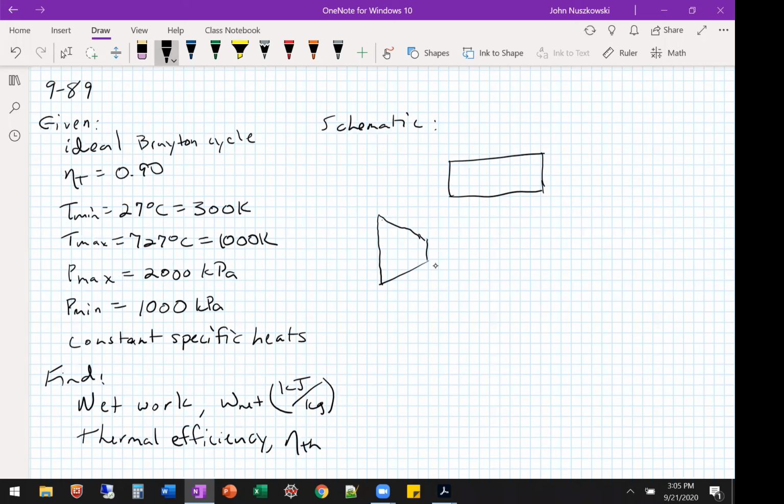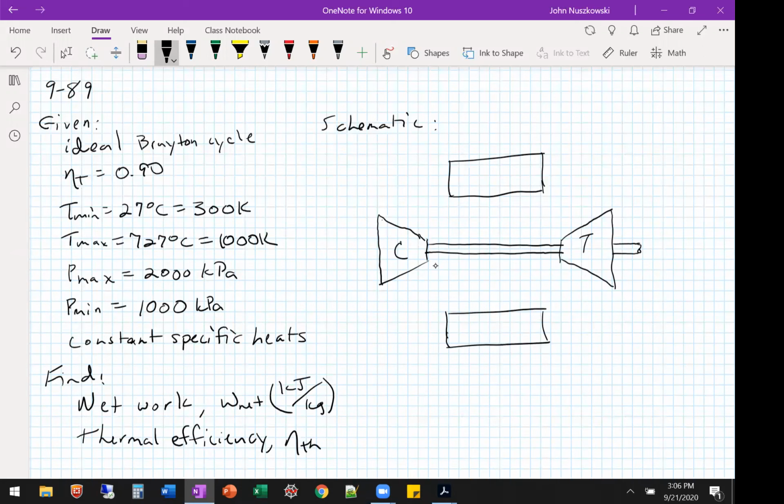We have our turbine on the right. They're connected. So this is our compressor, turbine. And we have our heat exchanger on the bottom. We're rejecting heat. Okay, so let's draw our path.